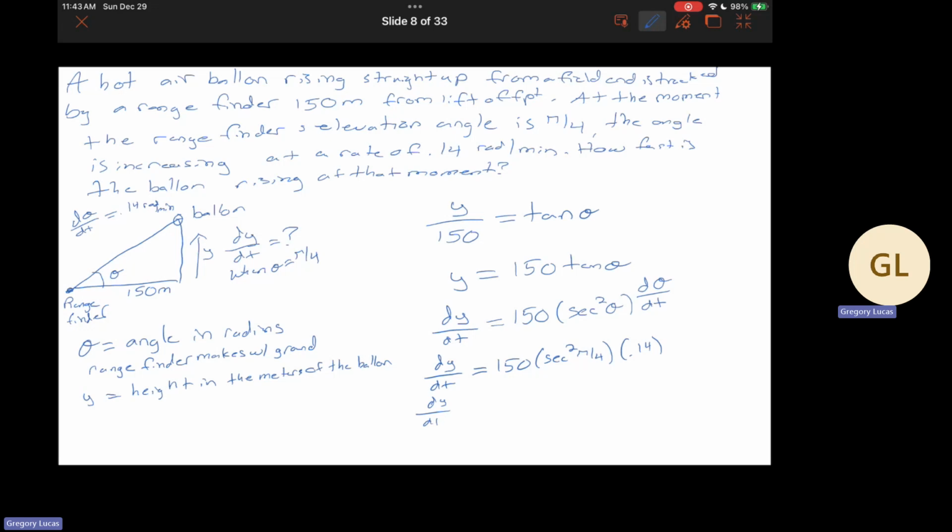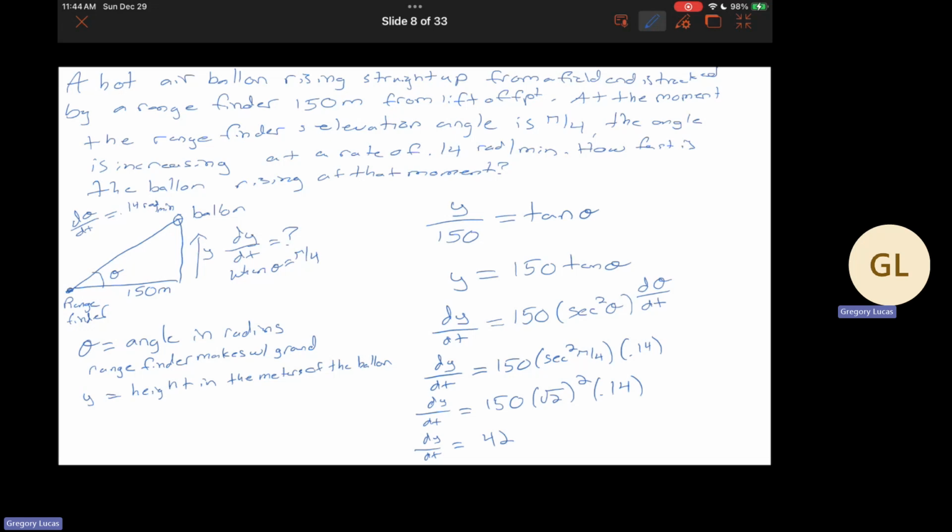So dy dt is 150 times root 2 squared, since secant pi over 4 we know is root 2, and then we can just square it, times 0.14. So root 2 squared is 2. So we have 300 times 0.14. So dy dt is 42.